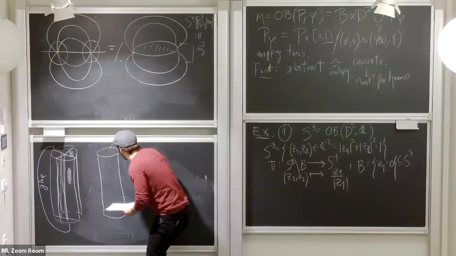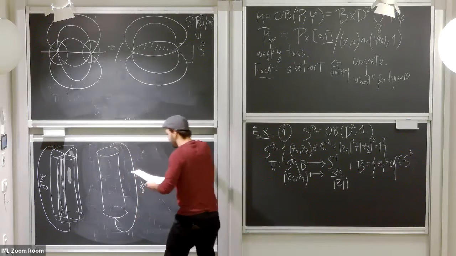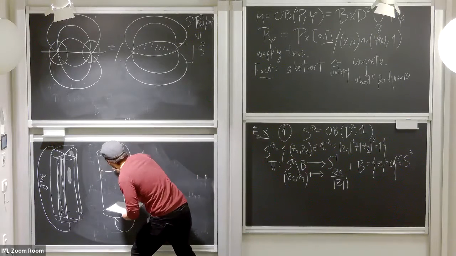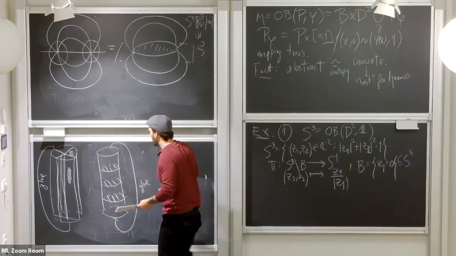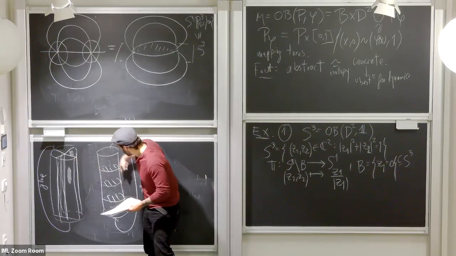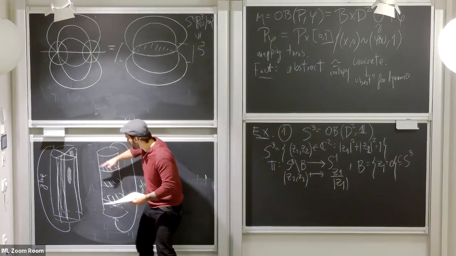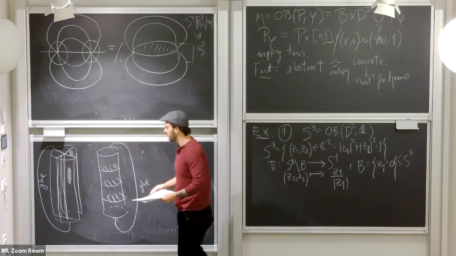Similarly here, I glue by the identity, and here I take the foliation by disks. And I glue the boundary of this to this, mapping the circle boundary of one of these disks to the circle of one of the other fibers.